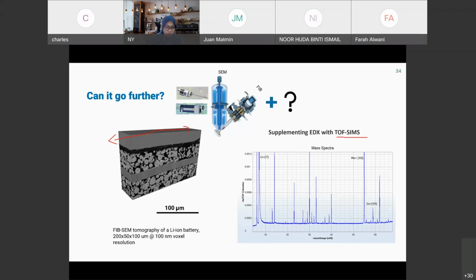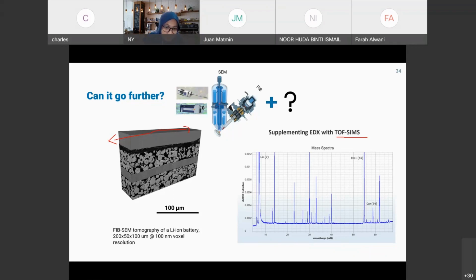As you know, for the lithium-ion battery, EDX is a common elemental mapping technique, readily accessible in SEM. Any kind of SEM has the EDX. But do you know that EDX is limited to certain elements? Elements like lithium are not detectable under EDX. So we have to use TOF-SIMS.